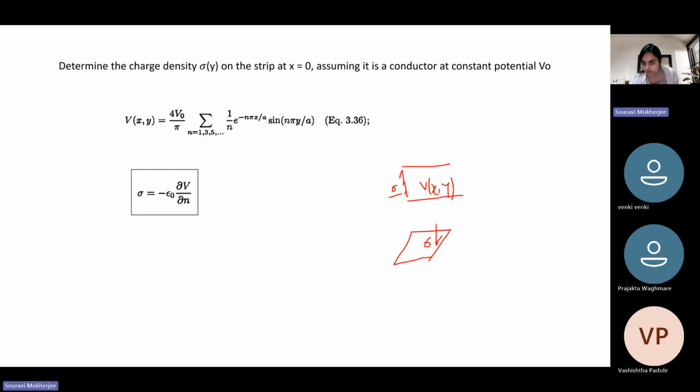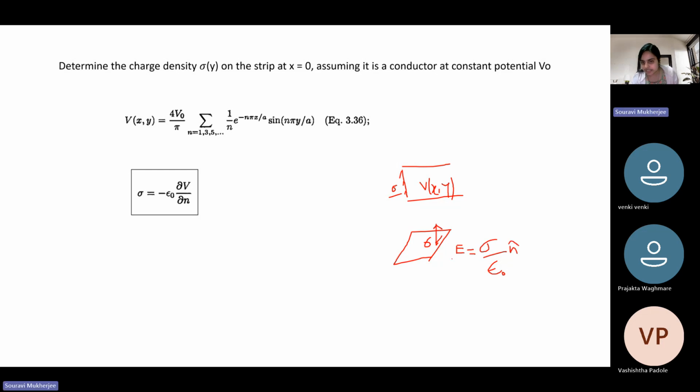E above minus E below has a discontinuity, and from there we can write that E is nothing but sigma by epsilon naught n cap, where n cap is the normal vector to the surface.